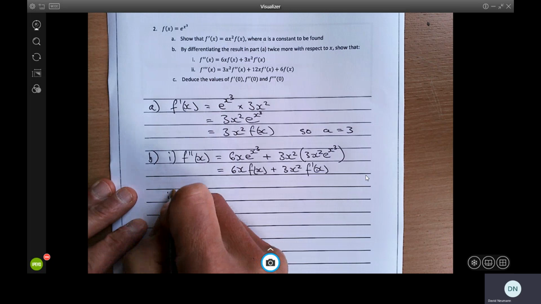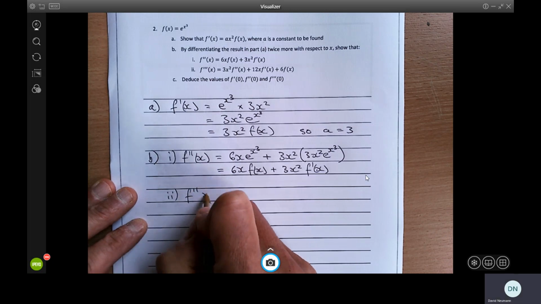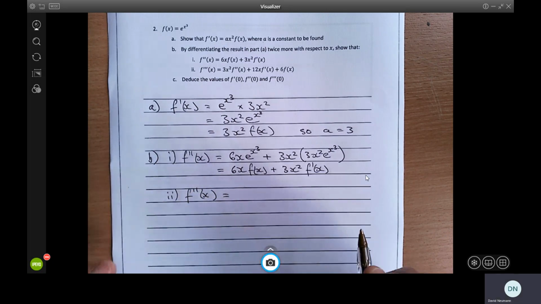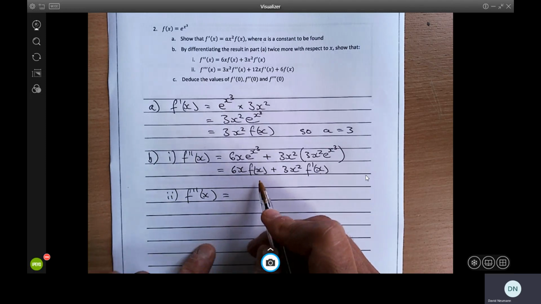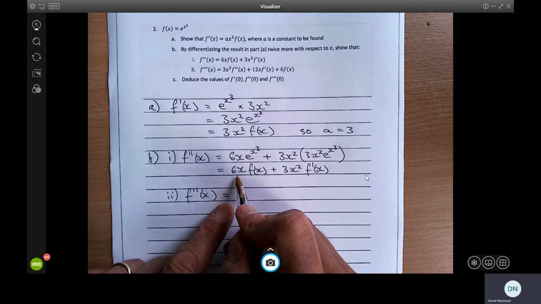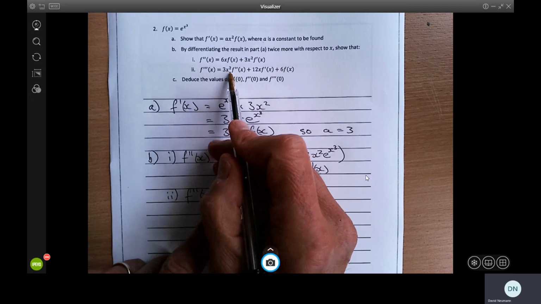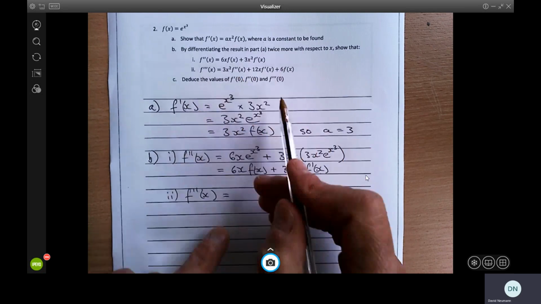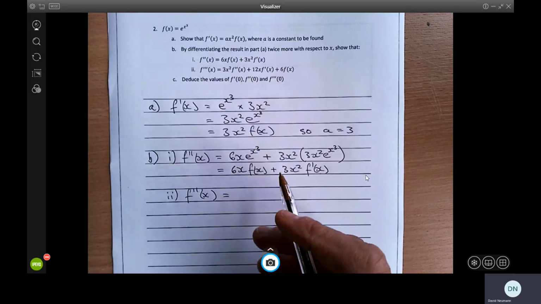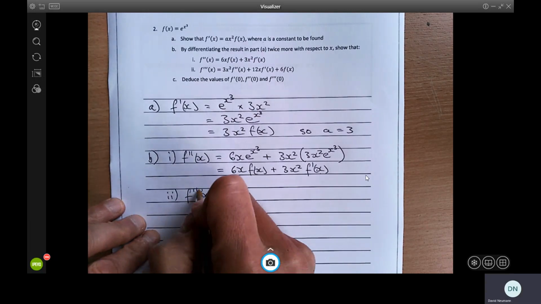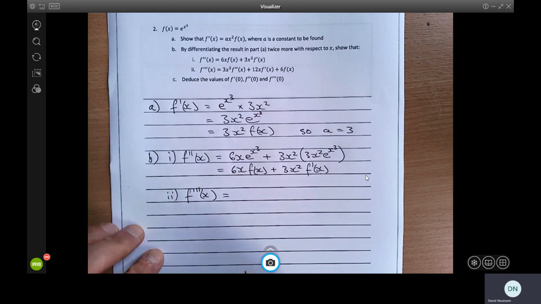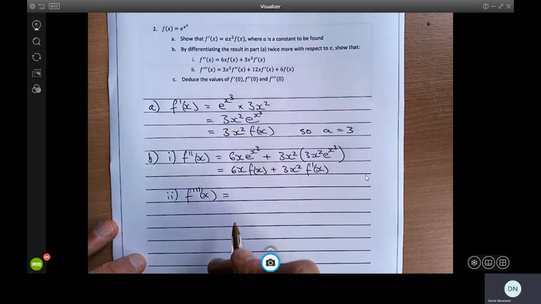Second part, f triple dashed of x is equal to, well, now we need to use the product rule on both of these parts here. So the first one, and again we want it in terms of f dashed of x, f of x, and f double dashed of x. Sorry, this should be triple dashed here. There we are, third derivative.